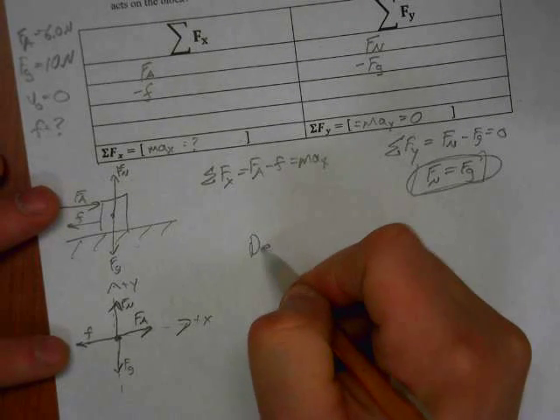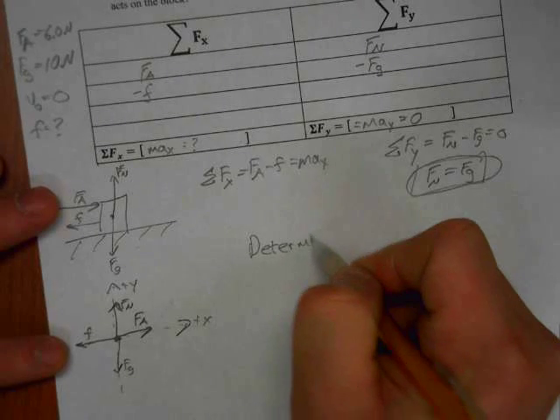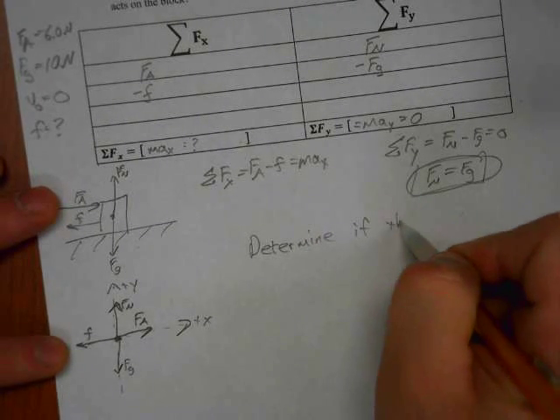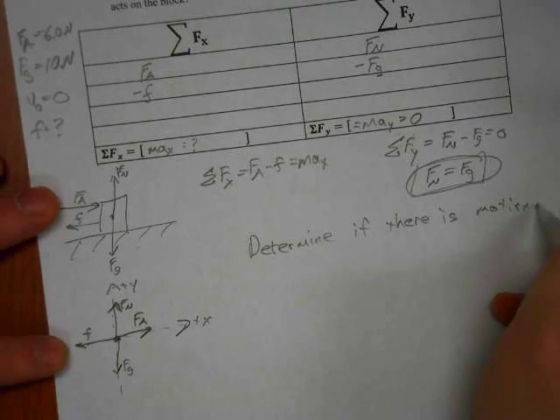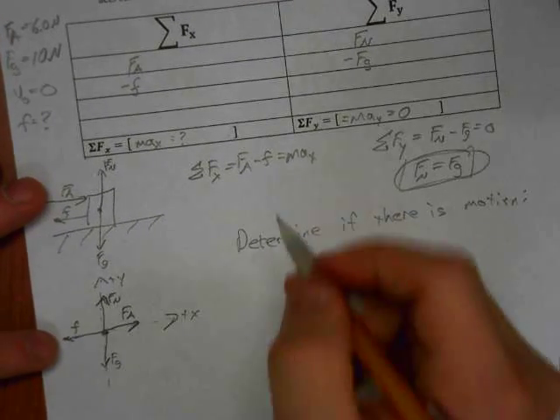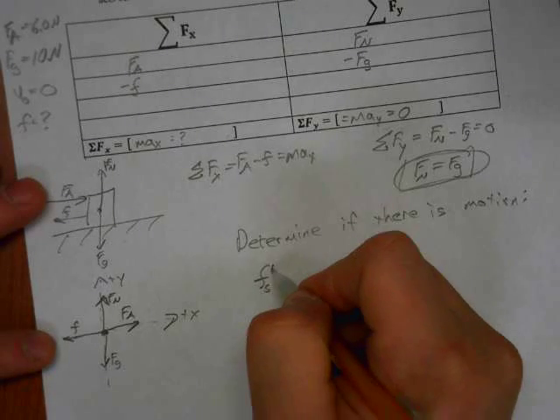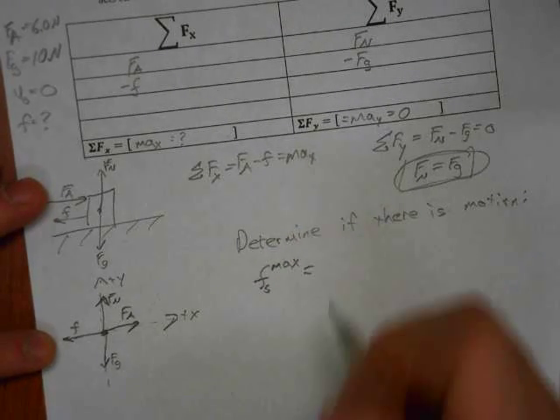So first, determine if there is motion, and we do that by calculating the maximum force of static friction.